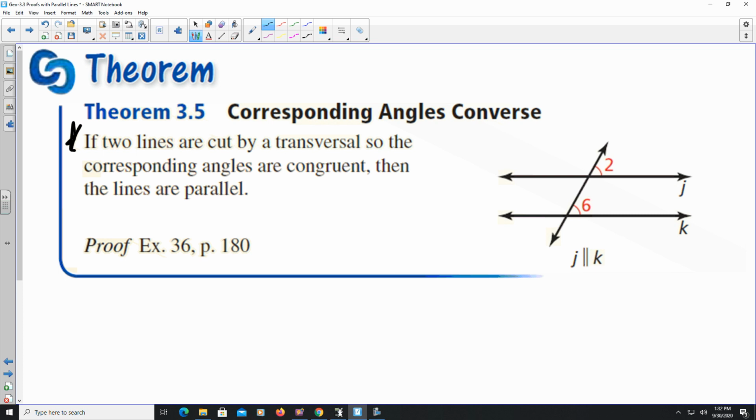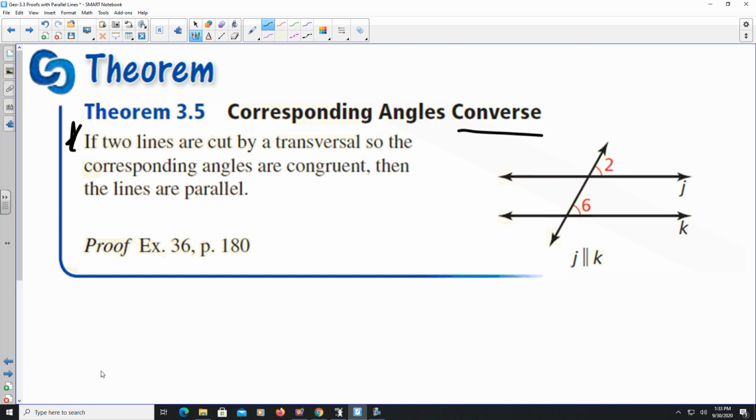If you looked at the corresponding angles theorem, it would say that if two lines are cut by a transversal so that the lines are parallel, then the corresponding angles are congruent. So remember, you just flip it. That's why we have it as the converse.